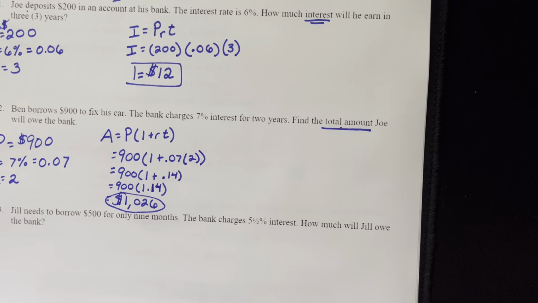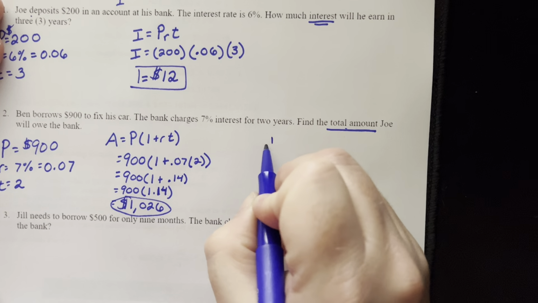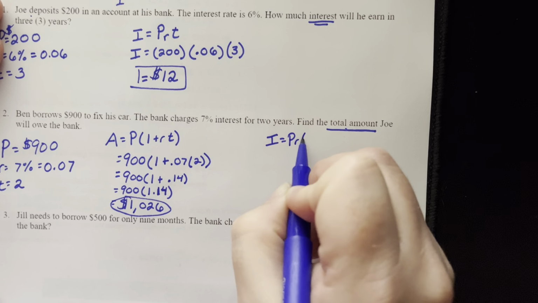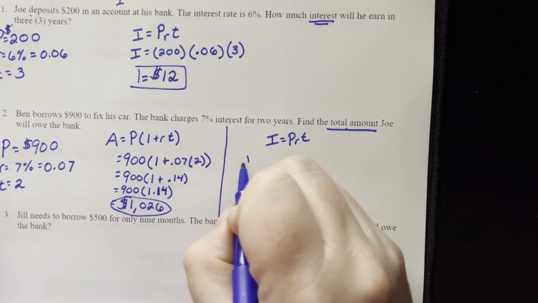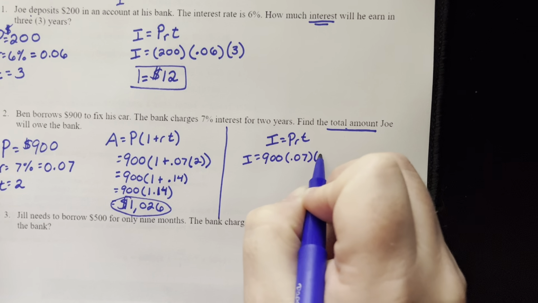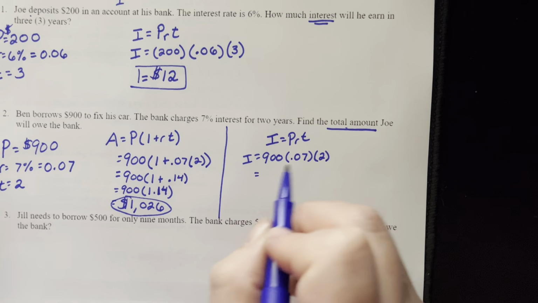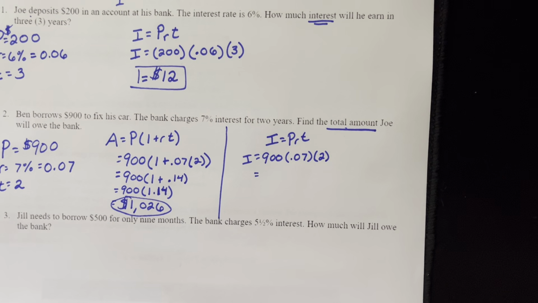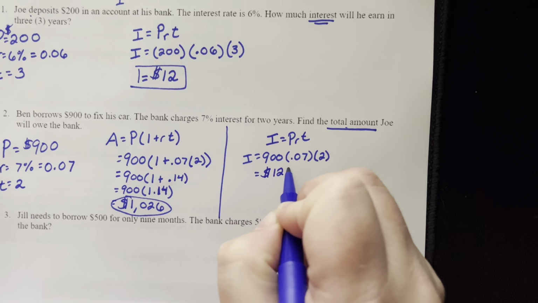But if you're not comfortable using this formula, that's okay. We could use the one we used in the previous problem and find the amount of interest. So this is another method, so I'm going to put a line there. So the amount of interest is the $900 times the 7% times the 2 years. Since this is all the same operation, you could just put that in your calculator. So 900 times 0.07 times 2 gives us $126.